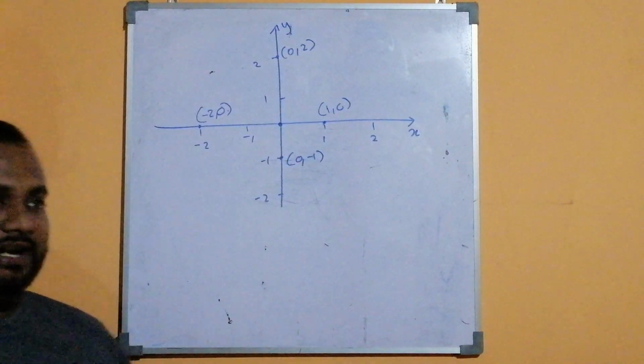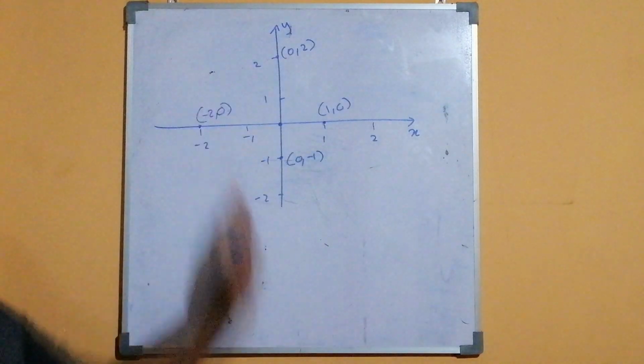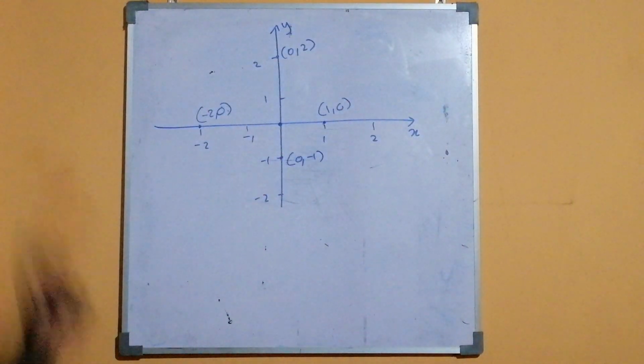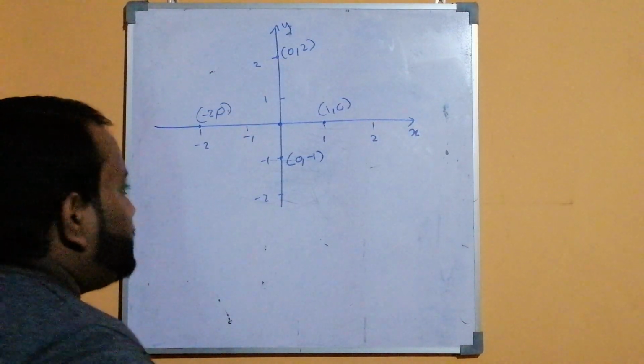See, this is what I have been explaining. Along the y-axis, x coordinates are 0. Along the x-axis, y coordinates are 0.